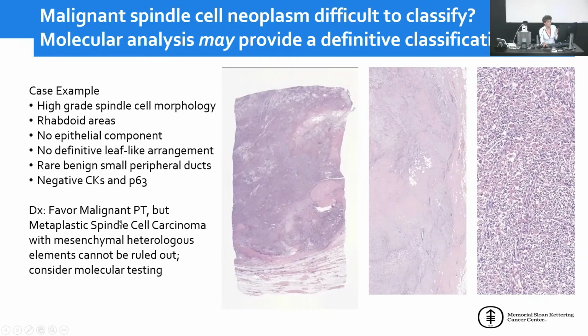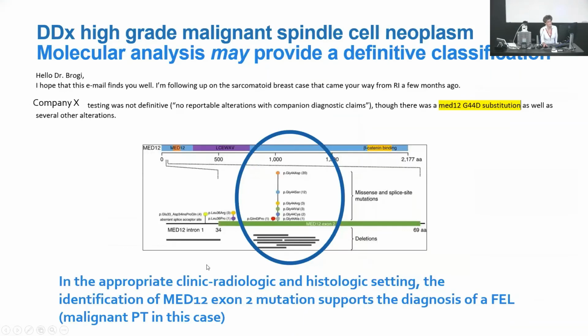So I signed it out as favor malignant phyllodes, but cannot rule out a metaplastic carcinoma with heterologous elements. There were also some rhabdoid-looking areas. I suggested to the outside pathologist to do molecular testing, and he sent me an email later saying that he had sent the case to a company for molecular testing. We cannot test outside material.